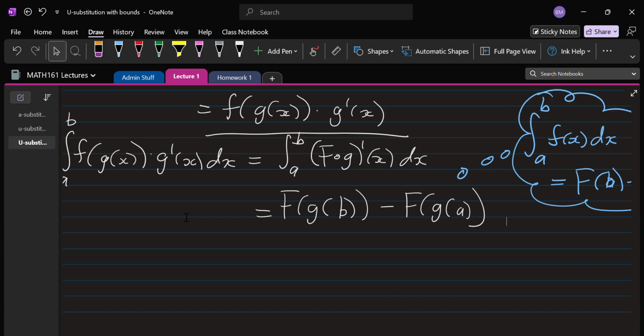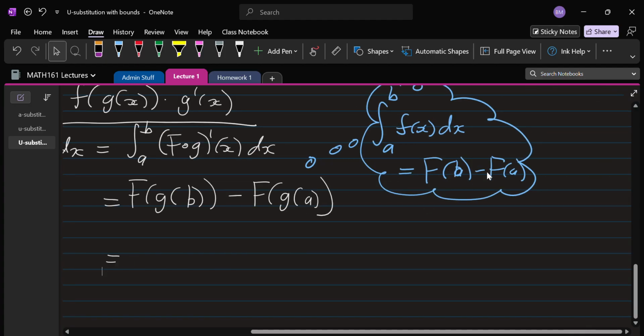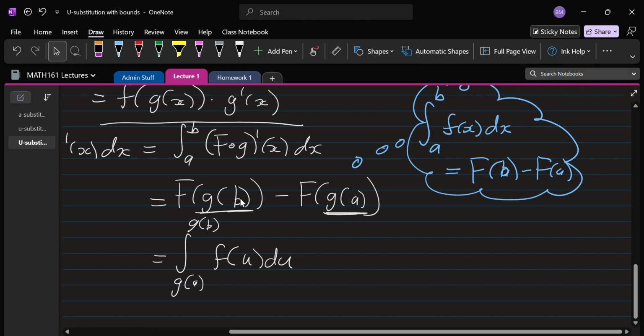Anyone lost so far? We just took the integral, replaced it with that left-hand side, and then used FTC to rewrite it like this. Now we're going to use FTC again. We start with the difference of the antiderivatives and go backwards. This is the inside part, and capital F is the antiderivative, so this is the integral from g of a to g of b of f of u, where we call the variable u.